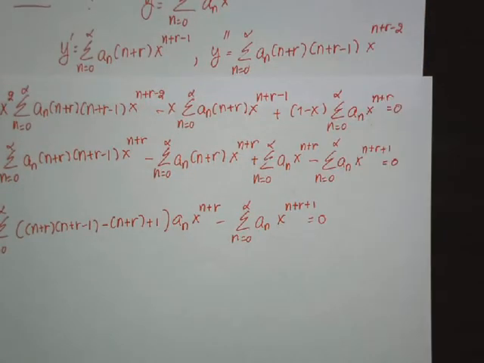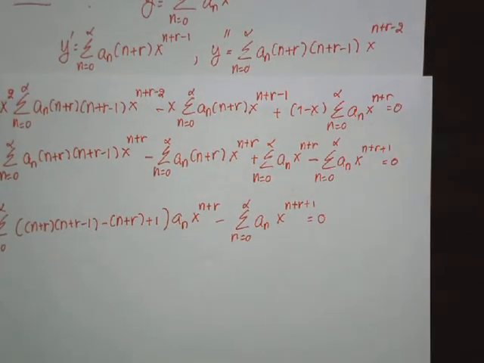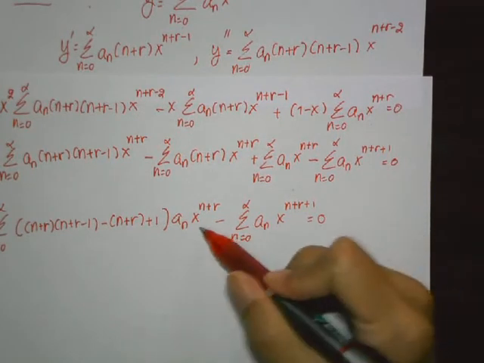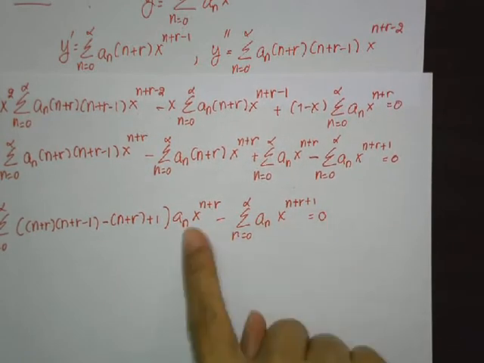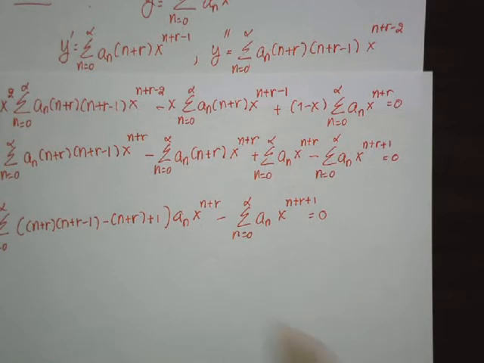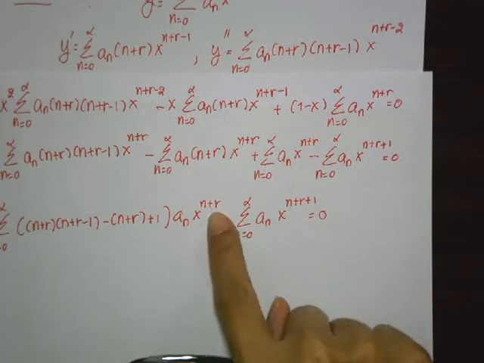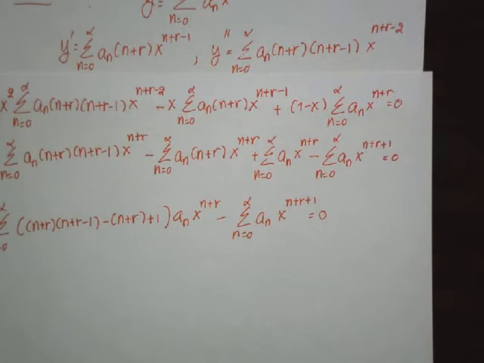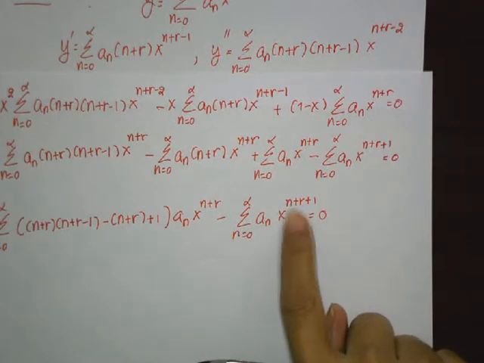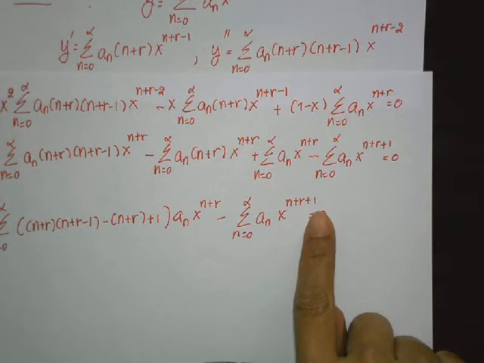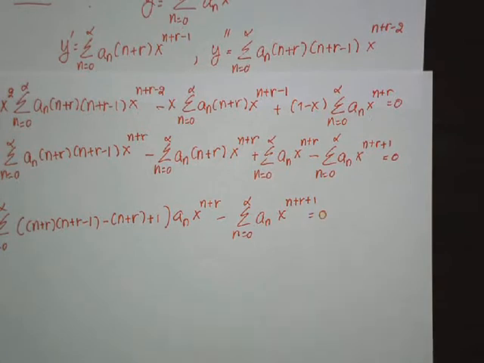Now these two terms, we cannot put together because our x has different powers. So we have to use a shift of index in order to make the powers of x equal. In that case, we are going to make the x to the power n plus r plus 1 become n plus r.